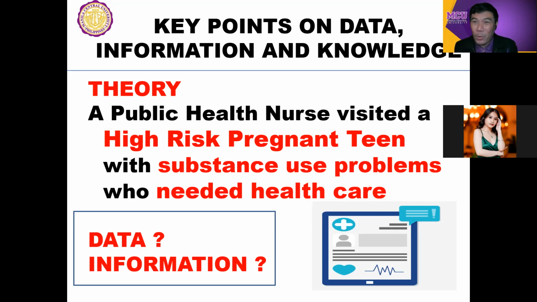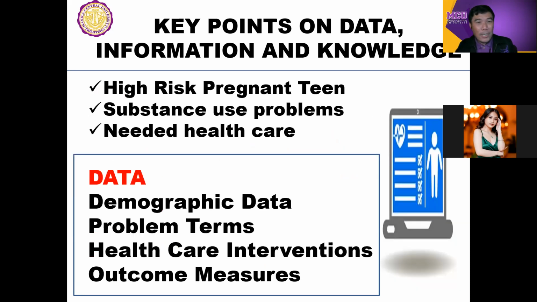Public health nurse, I do not have a question because I am aware of what a public health nurse is. But for the next, high risk pregnant, why is she high risk? What age? What is the history?